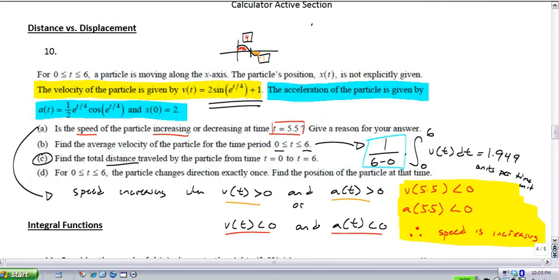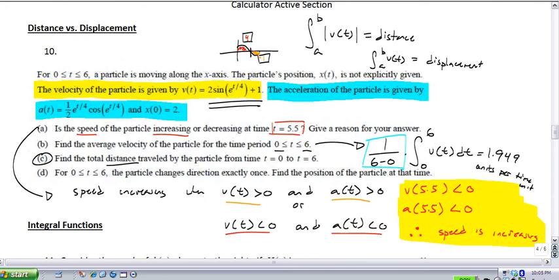So the integral from A to B of the absolute value of velocity equals distance. The integral from A to B of velocity is always equal to displacement. Sometimes distance and displacement are the same. Well, they're the same when velocity is never negative.